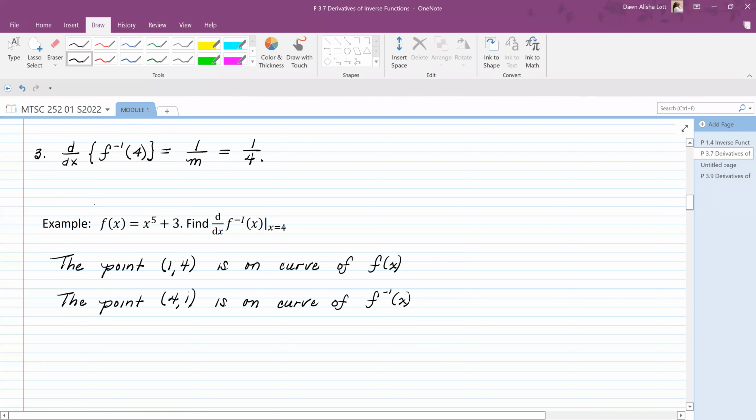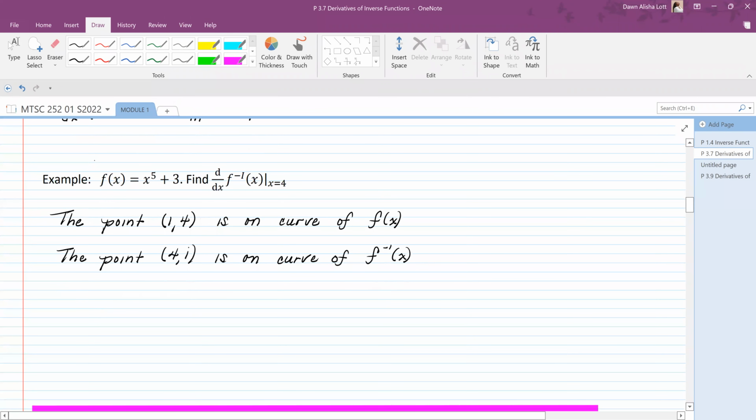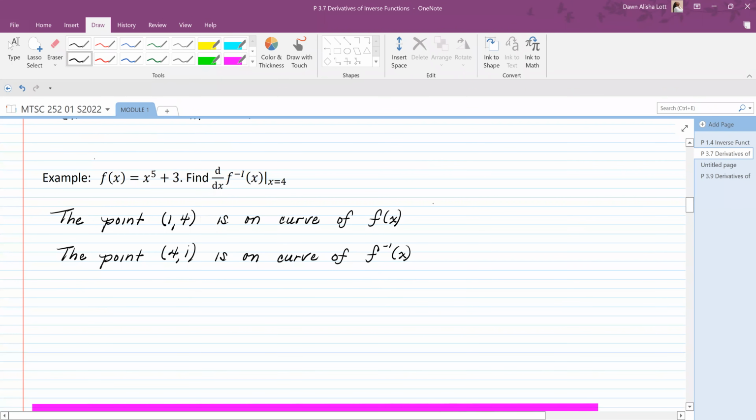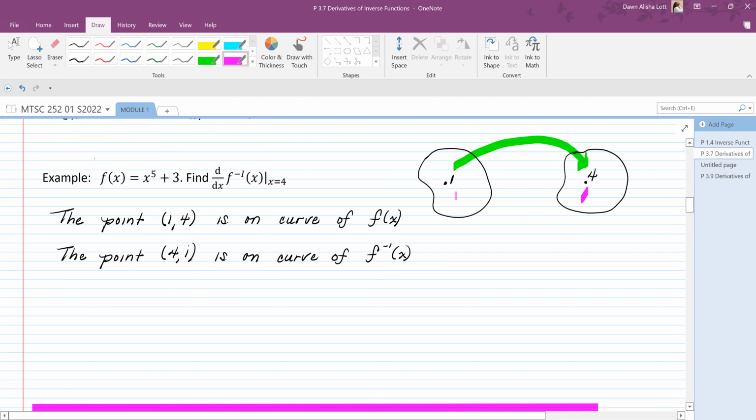So this is asking me, again, we go from the point 1 over here to the point 4 over here. So f takes 1 to 4, and f inverse takes 4 back to 1. So this is f, and this is f inverse.